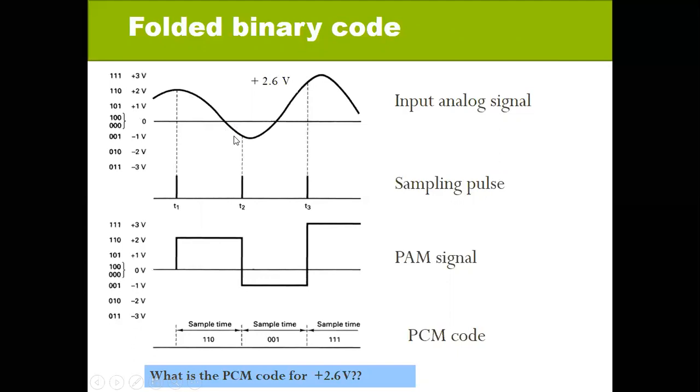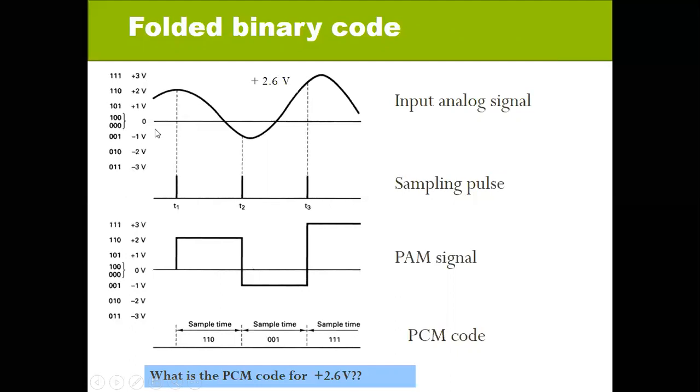For example, in 3-bit PCM, the first bit, the most significant bit, is reserved for the sign, plus or minus. Maybe for plus it is 1, for minus it is 0. Then the other 2 bits are used for the levels, so there will be 4 levels. For 4 levels up, the first bit is 1, positive. For 4 levels down, the first bit is 0, negative.